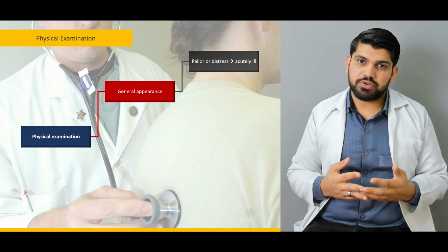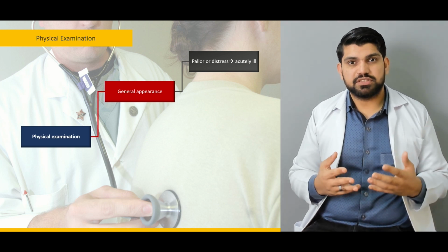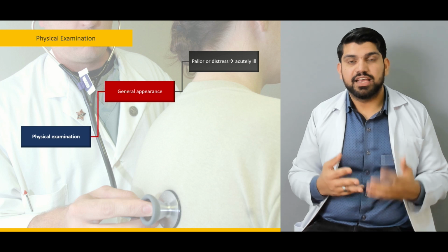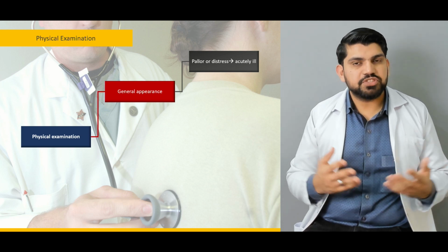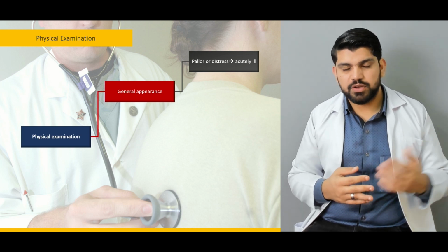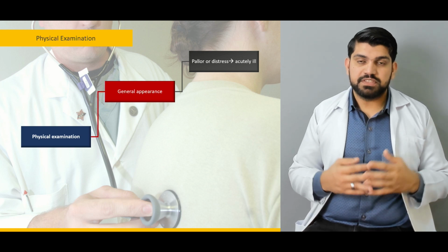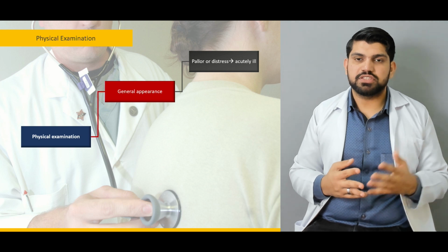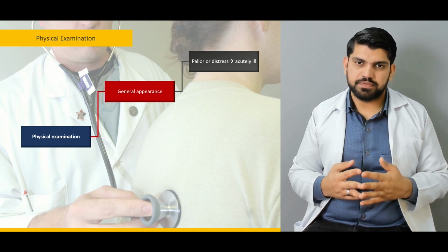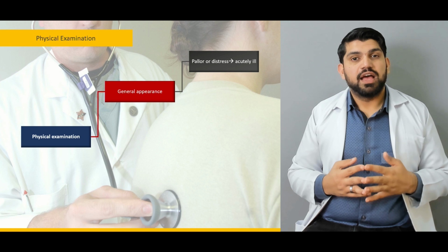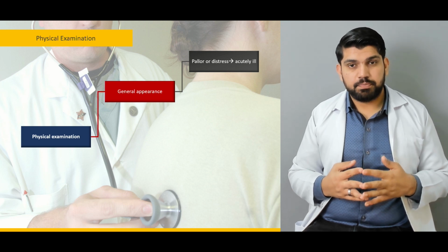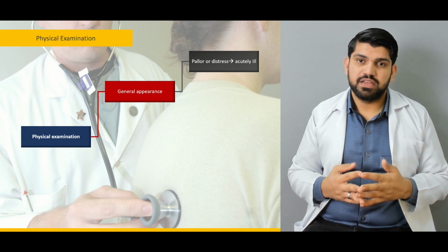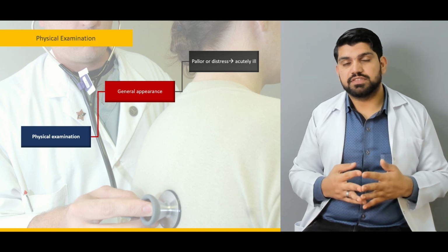So pallor or distress can give you information that the patient is acutely ill. It can present with multiple diseases, for example, acute pancreatitis: sudden abdominal pain, toxic look. This patient needs extra attention. A patient with abdominal aortic aneurysm or mesenteric ischemia can present with these kinds of symptoms.